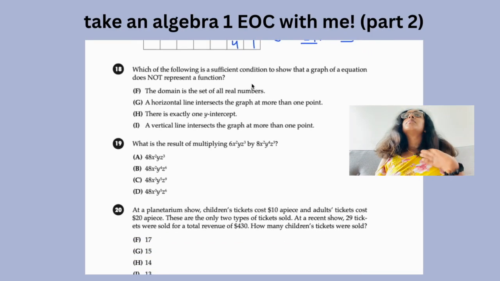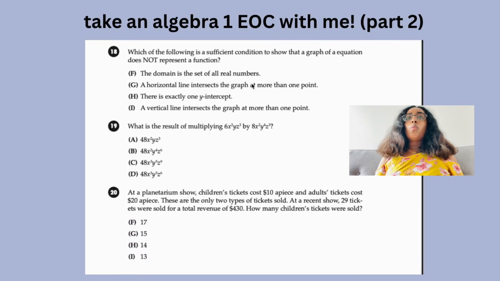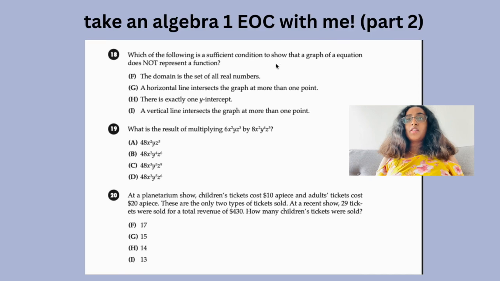Moving on. Which of the following is a sufficient condition to show that a graph of an equation does not represent a function? Now you should make a callback to our song about functions, which I guess I could link. It goes: functions have many forms, they can be curves or lines, but there can never be 1x for 2y.